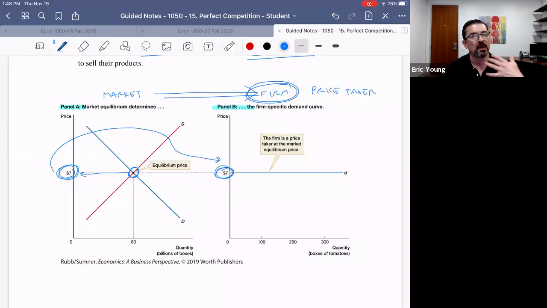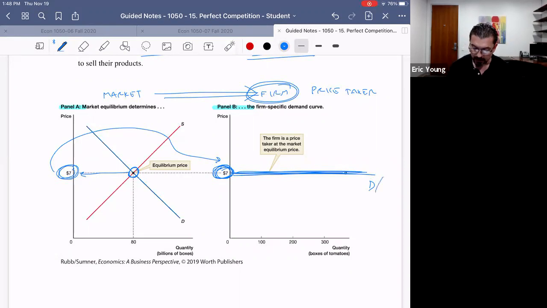Critically, this leads to a couple of results, of ramifications. Number one, since the firm is a price taker, its demand curve is perfectly horizontal. In other words, perfectly elastic.